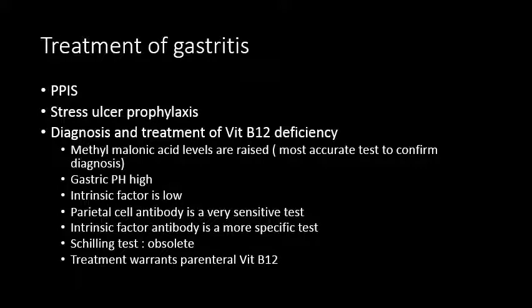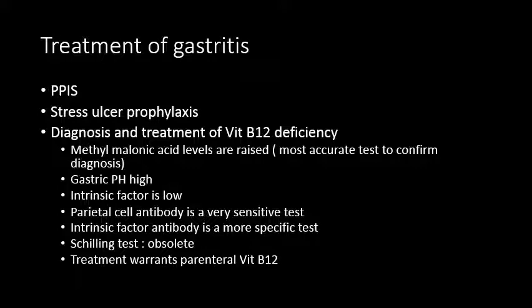If you want to diagnose pernicious anemia, you have to measure methylmalonic acid levels. When methylmalonic acid levels are raised, it's the most accurate test to confirm diagnosis. Gastric pH is high, intrinsic factor is low.